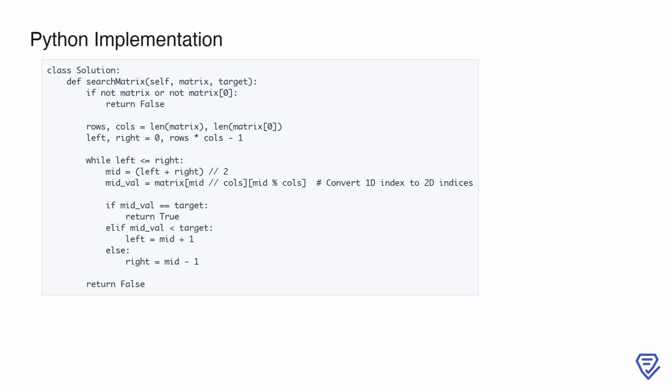If mid_val is less than the target, we adjust the left boundary to mid + 1. Otherwise, we adjust the right boundary to mid - 1. The loop continues until left exceeds right, at which point the target is not found, and we return false. This approach ensures logarithmic time complexity, O(log(m*n)), making it highly efficient for sorted 2D matrices.